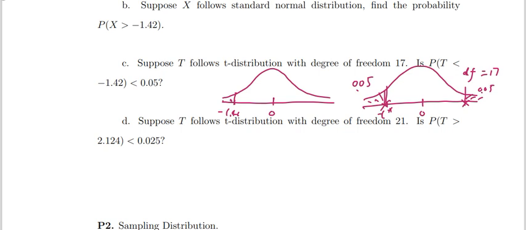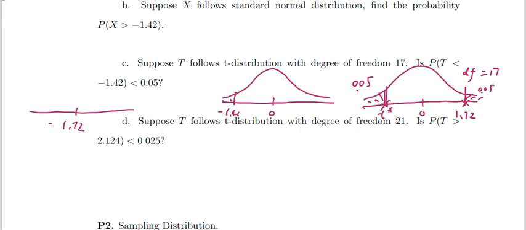Then this number is just the negative of that number, right? So we can compare. Suppose I don't know what this number is, so we need to check the table. If this number is 1.72, then this should be negative 1.72, right?